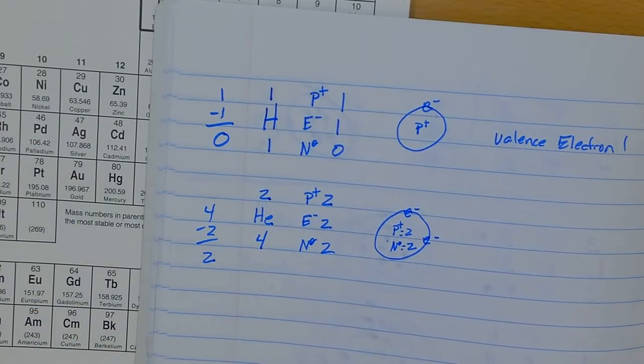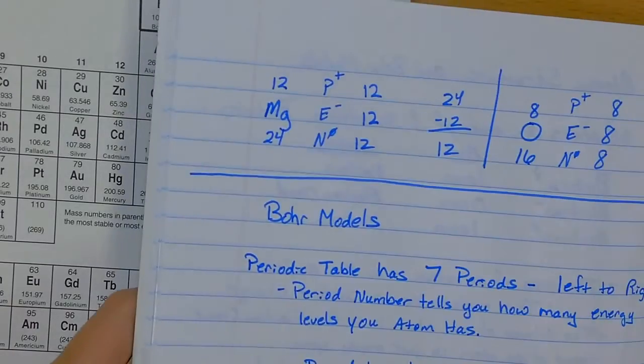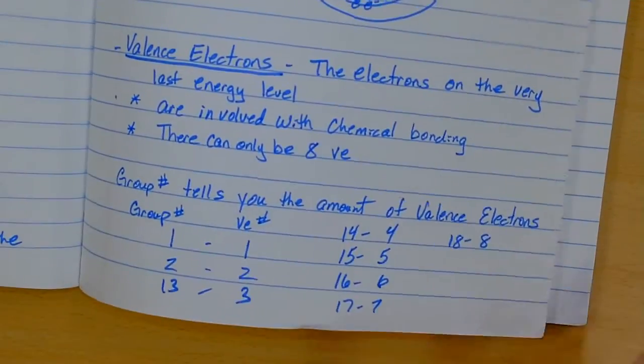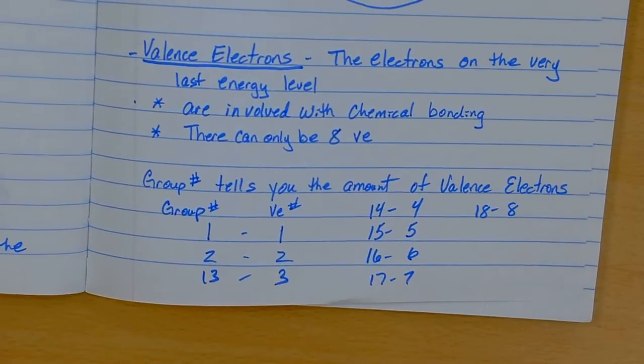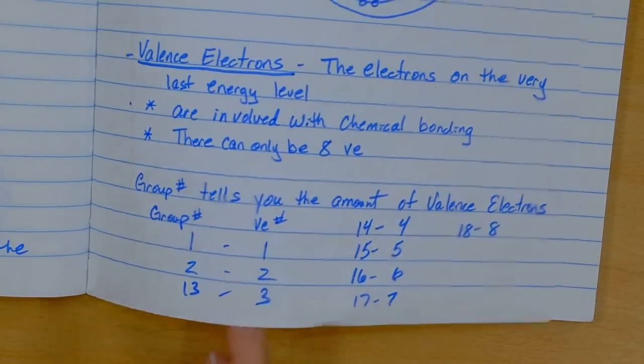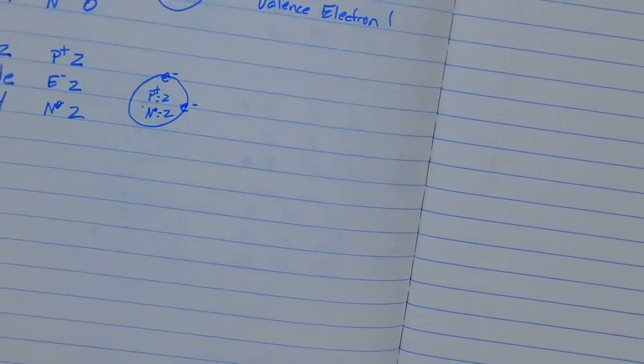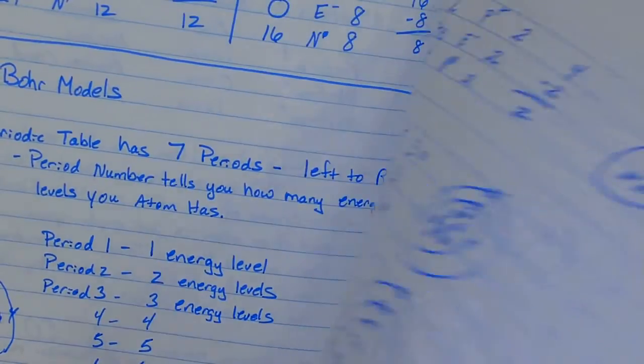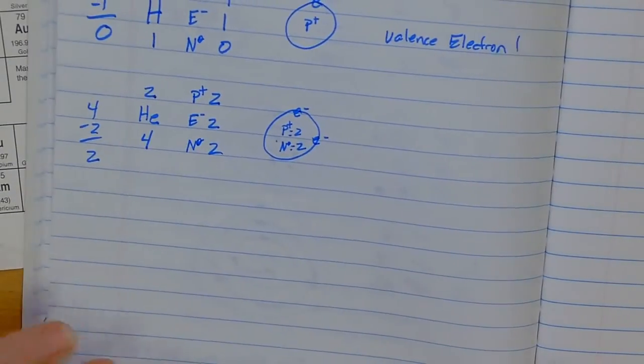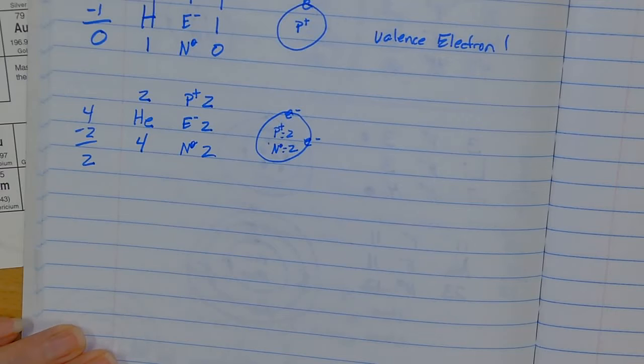and we're going to have our 2 electrons. Now, if you remember right, when we wrote this down over here, I said group 18 has 8 valence electrons. Well, the thing about helium is there can only be 2 electrons on that first energy level, and it's full.